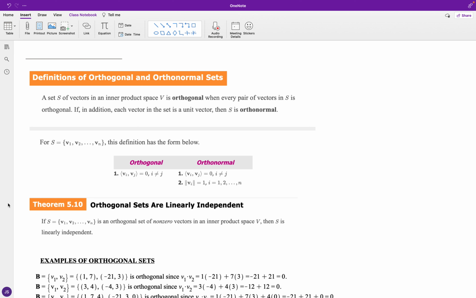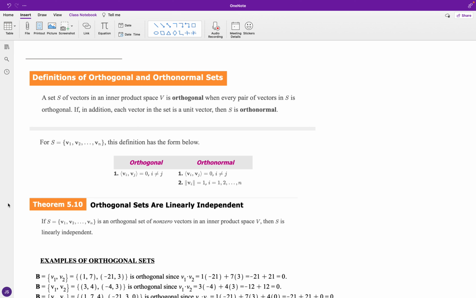Okay, and for a set S that consists of vectors v sub 1 to v sub n, we have the following definitions. For an orthogonal set of vectors, the dot product is equal to 0.